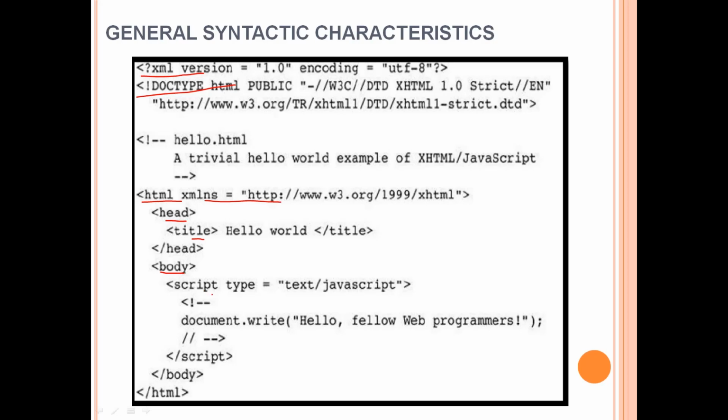Now look at the syntax, how it has been added. We have a script tag with the type attribute set to text/javascript, and inside this we have the XHTML comment open, and this is the closing of that comment, and inside this comment we have our JavaScript code.